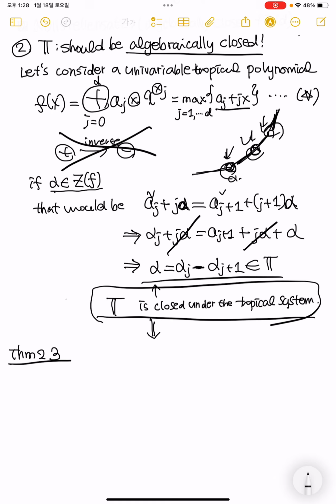There, based on this idea, we can think about the so-called FTA, fundamental theorem of algebra.